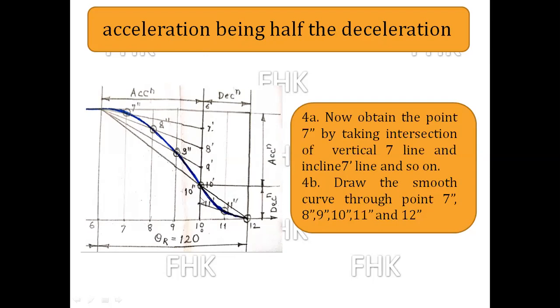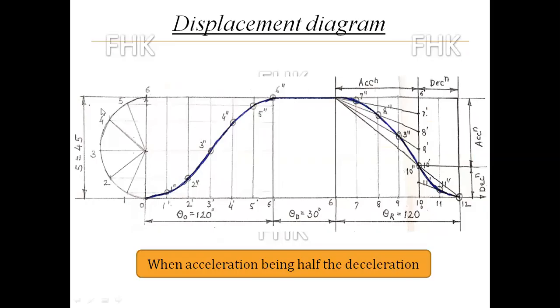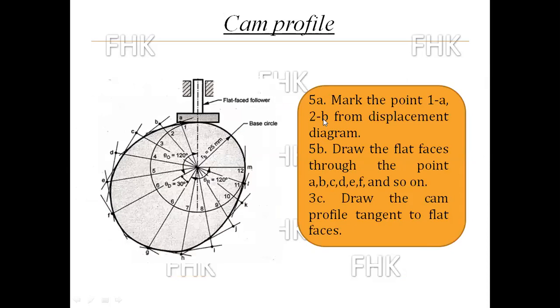So this is the procedure to draw the displacement curve when acceleration is half the deceleration. This is the complete displacement diagram in front of you, but you have to understand this concept in this session. Acceleration half the retardation.